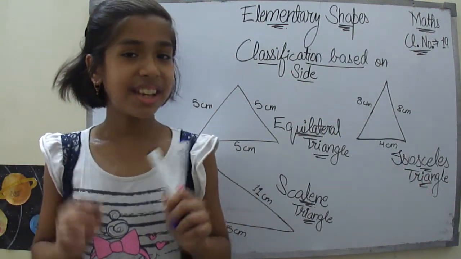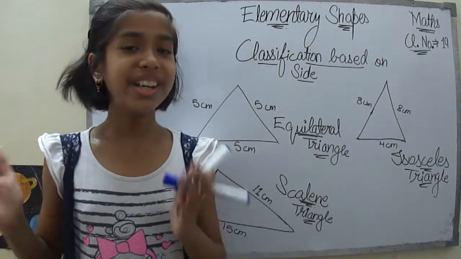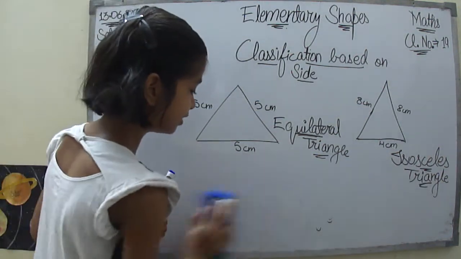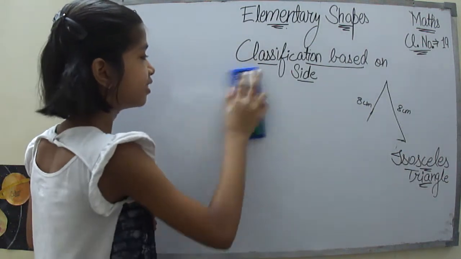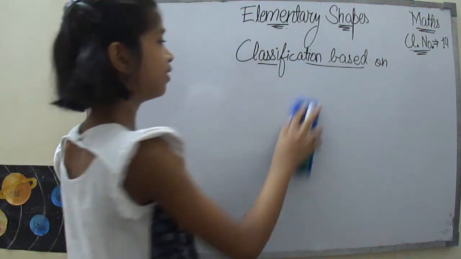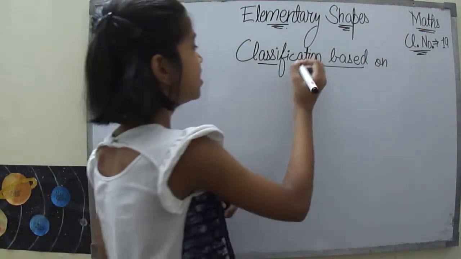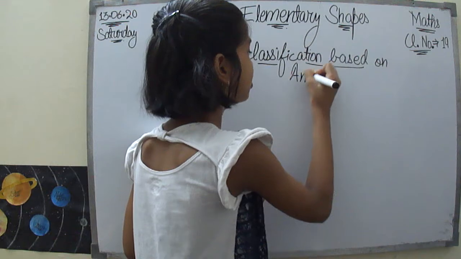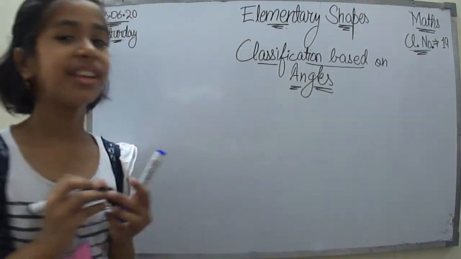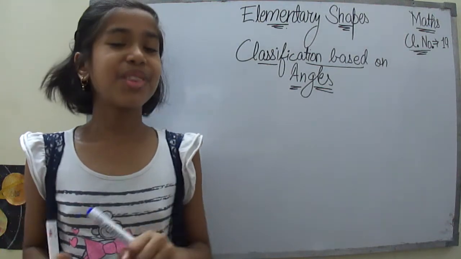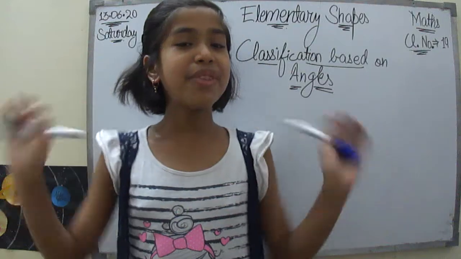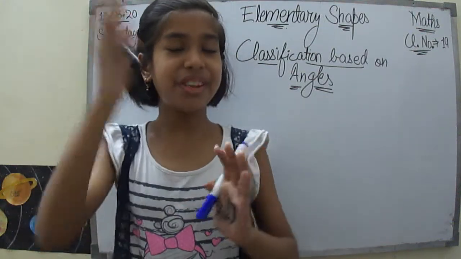Now let's see the classification according to the angles. Now we had learned a variety of angles, right?